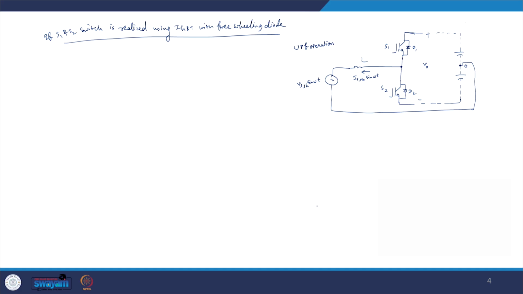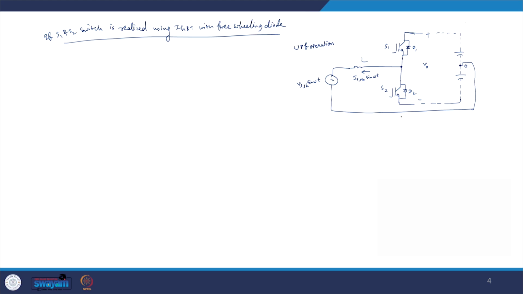So if we look very carefully, when in this half bridge the S1 device is on, let us say during the positive half cycle, the current is going from the collector to emitter terminal of the switch S1, which is IGBT. However, during 1 minus dTs period, when the switch S1 is turned off and switch S2 is turned on, because of the direction of current, it will start flowing through the diode D2, and then it will flow back to the source.